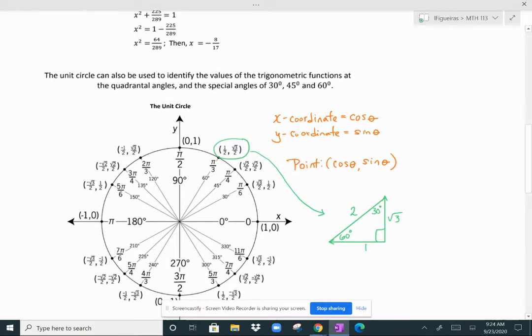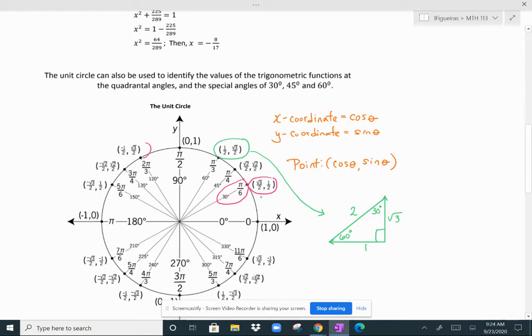And notice that there are coordinates all throughout this unit circle that correspond to an angle. So for example, here, an angle of 30 degrees, which is the same as pi over 6, has a coordinate of root 3 over 2 and 1/2. That sits on the unit circle.